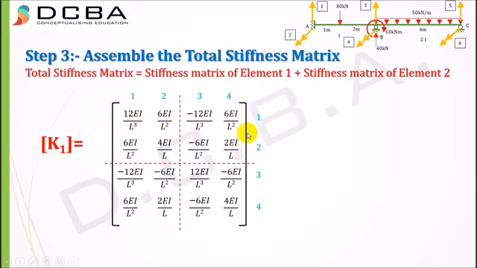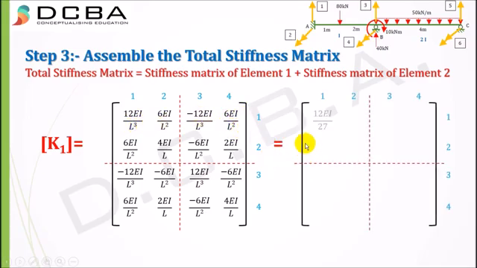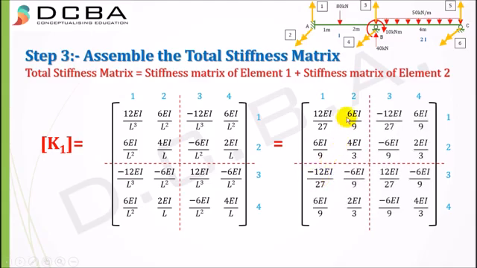Now we need to substitute the appropriate I and L. For element 1, I is I only, and L is 3, that is 1 plus 2, 3. Substituting, we get the matrix as 12 EI by 27, since L was 3 and 3 cube is 27, 6 EI by 9, 6 EI by 9 again, 4 EI by 3, and then we copy all these elements here appropriately.